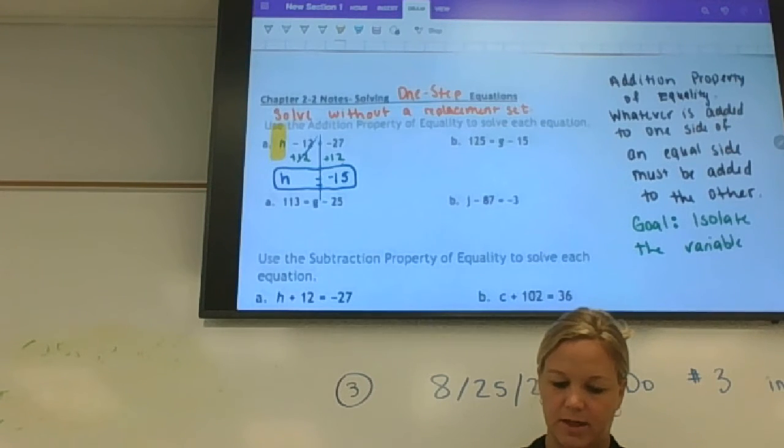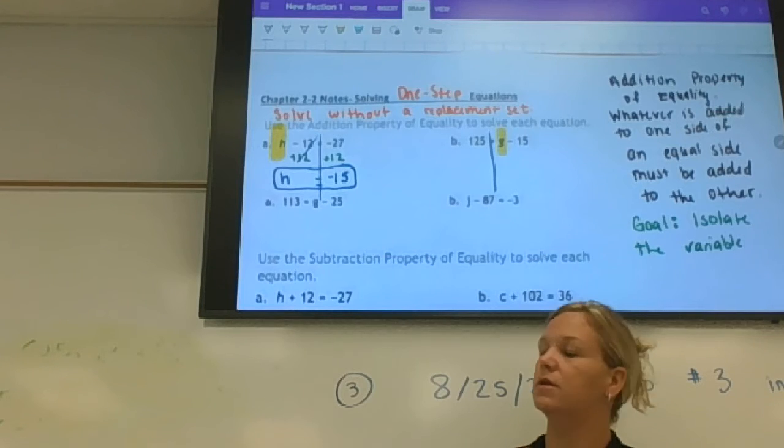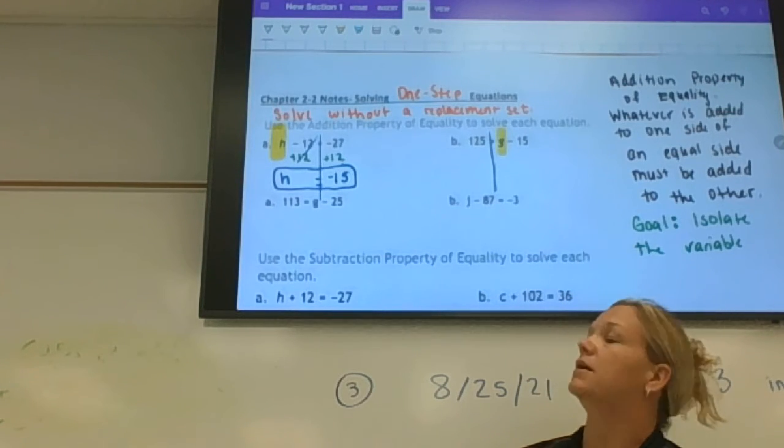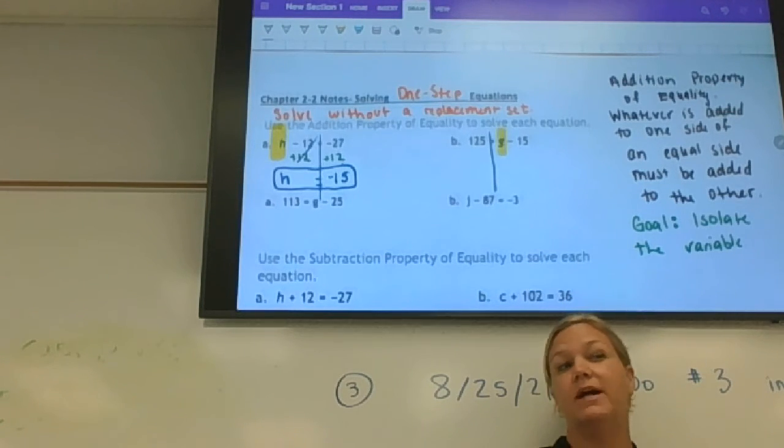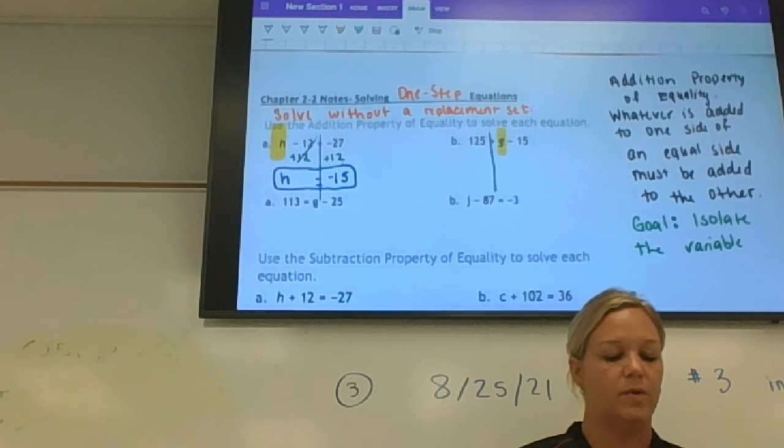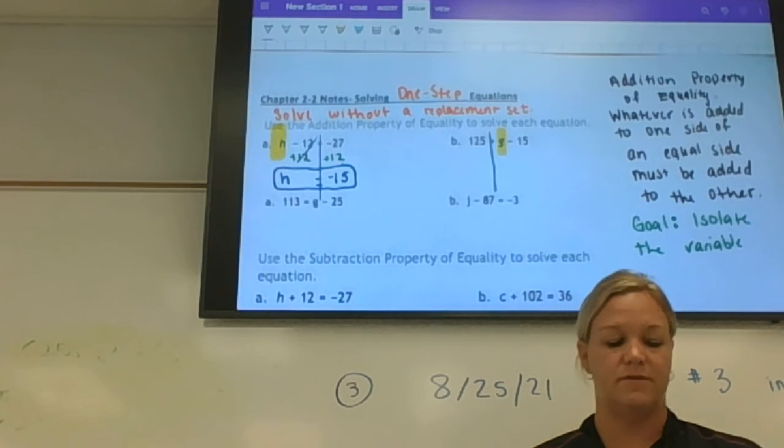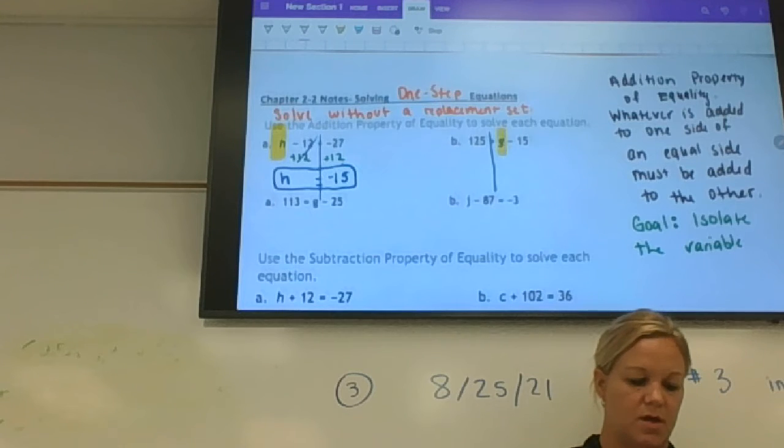Let's try it again in letter B. I see G. I'm going to put a line through the equal. I really would love for G to be by itself. So what do I have to do to cancel out a minus 15? Let's plus 15 to both sides.